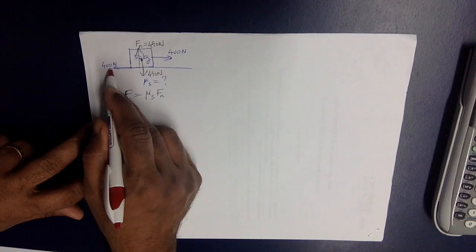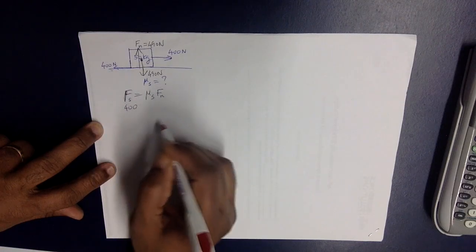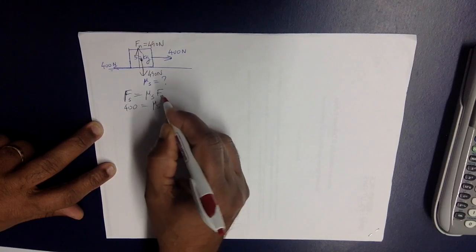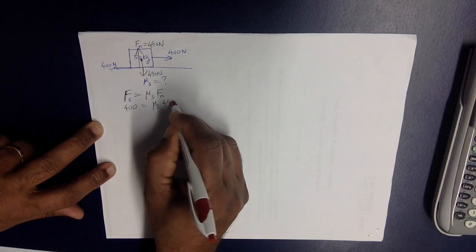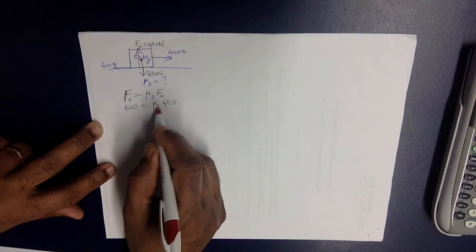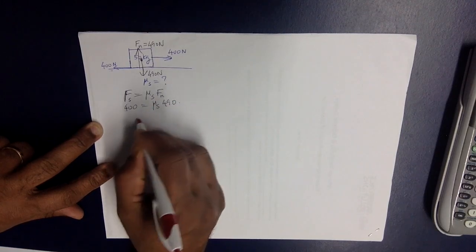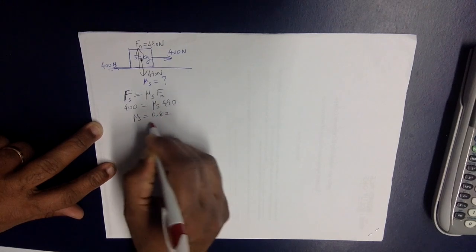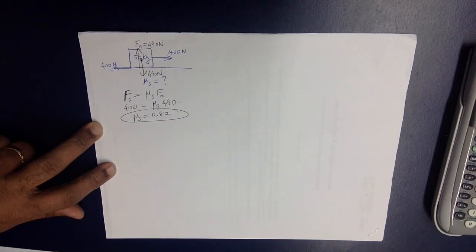Now Fs is this. The maximum frictional force is 400. Mu s, you need to find that out. And Fn is 490. So if you divide by 490, you get mu s is equal to 0.82. No units for this.